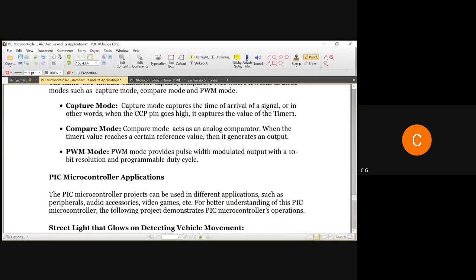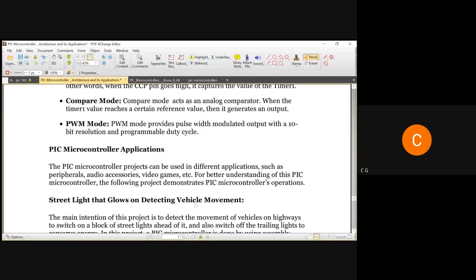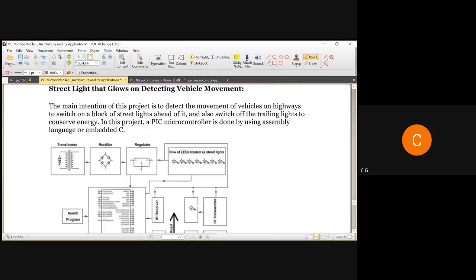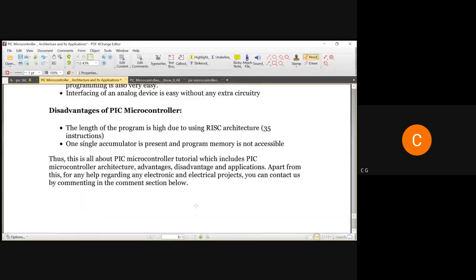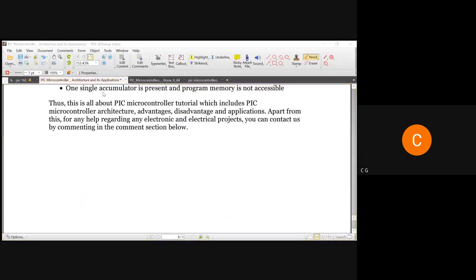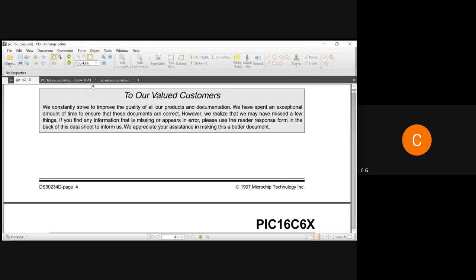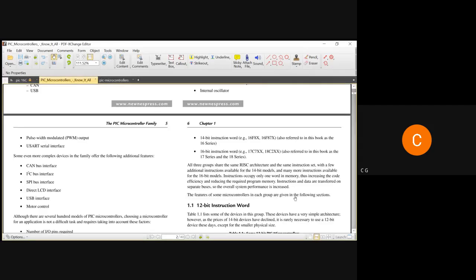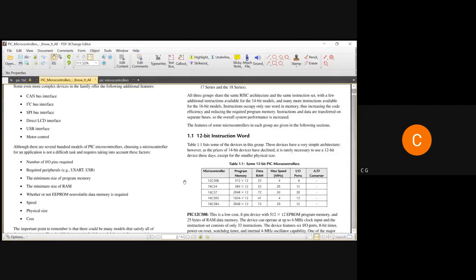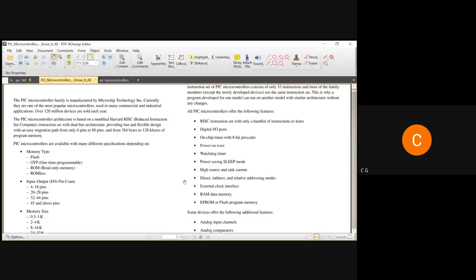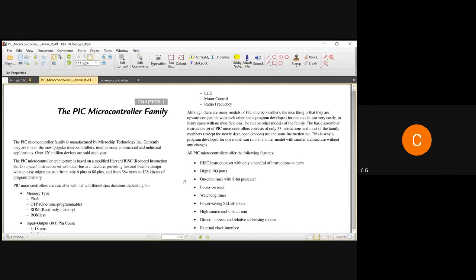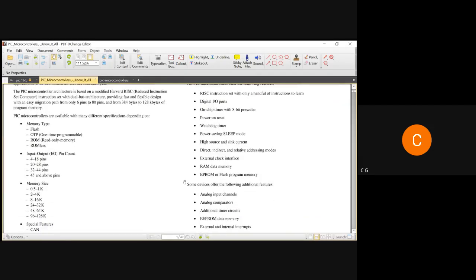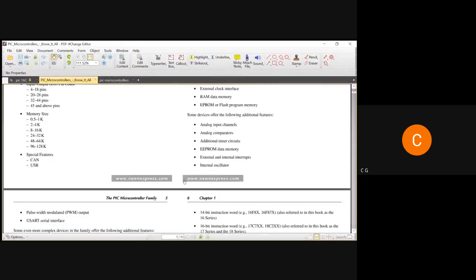Anyways, PIC microcontroller application. Okay, this we don't need to see. I think last time we have seen this document where it has all the specifications listed out.